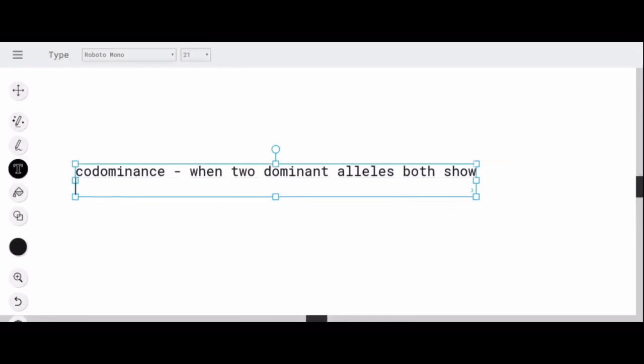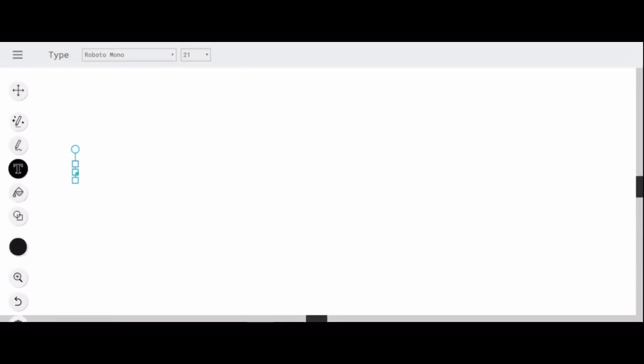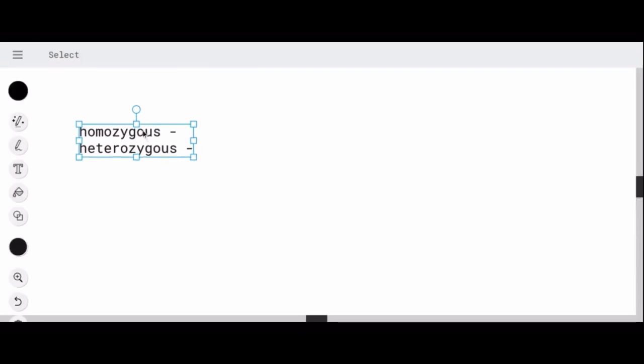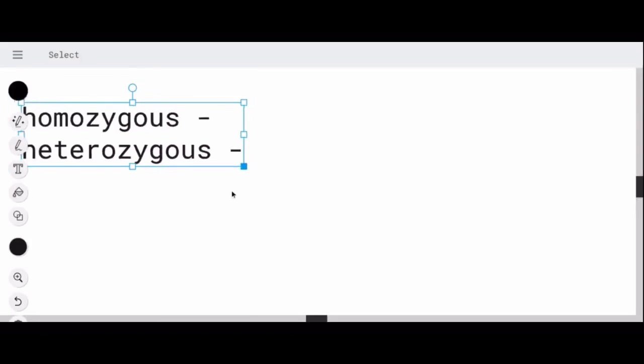Okay, homozygous and heterozygous. I should explain the etymology first. You see it when people talk about sexuality, as in homosexual or heterosexual. This is pretty much the same thing.